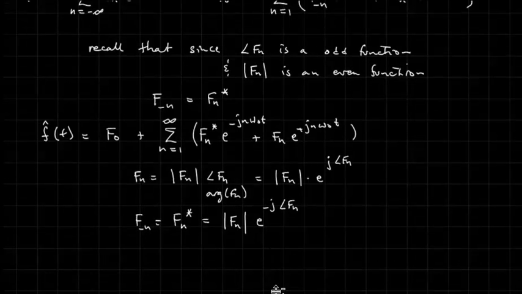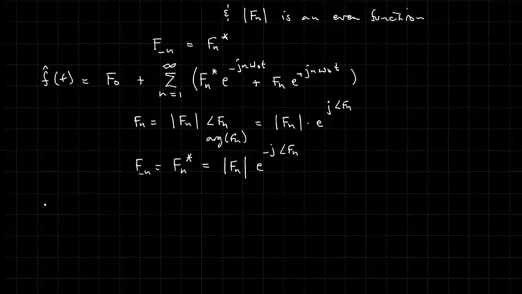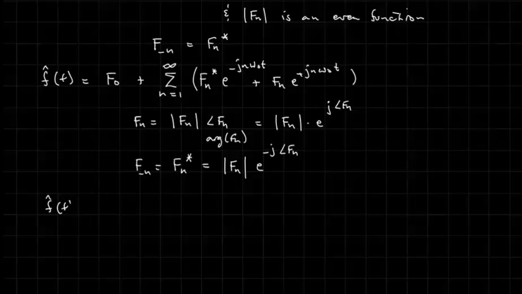Clear this out. So let's rewrite f hat of t equal to f naught plus the sum from n of 1 to infinity, and we're going to put the magnitude of f of n times the quantity, and then we'll have e to this. I'm going to do this term here first.